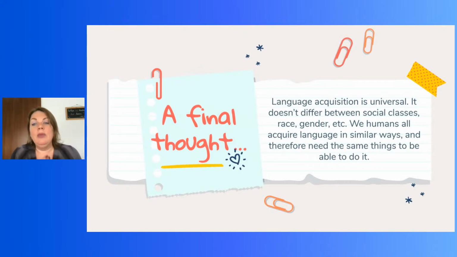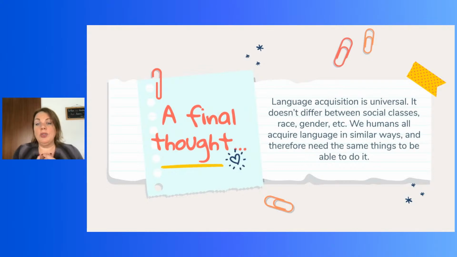We all need the same things to acquire language. We all need input in the language. We all need messages to interpret in the language, right? Unfortunately, it is the case in our reality in South America that there's a big difference between the public and private sectors. Some students have a lot of exposure to English, other students don't.